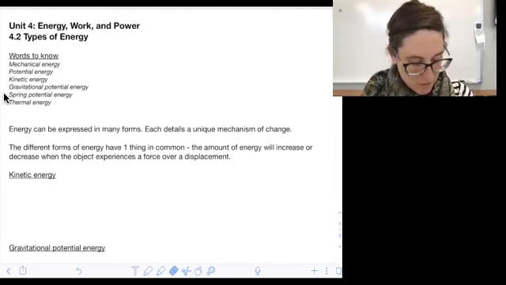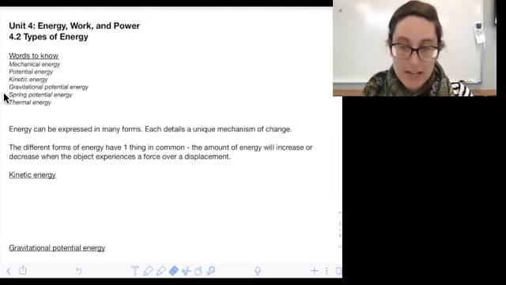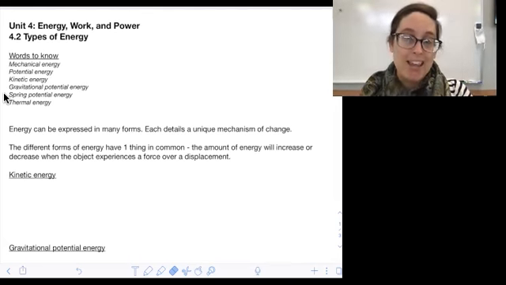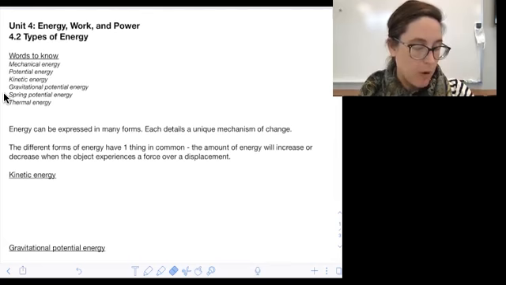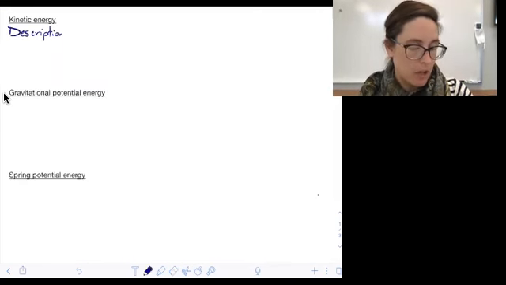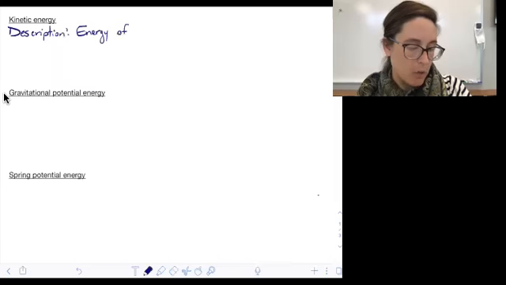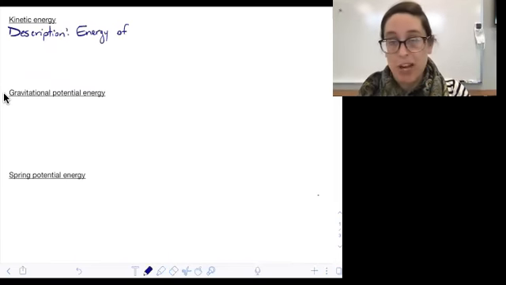You may be familiar with that KIN as a prefix for a word, and that's really describing motion, right? So if we wanted to write a description of this, we would say that kinetic energy is the energy of motion. If an object is moving, its location is changing.